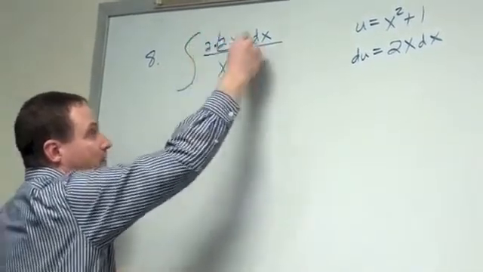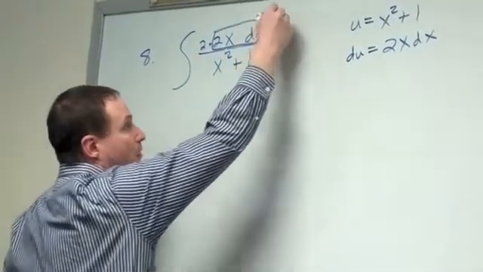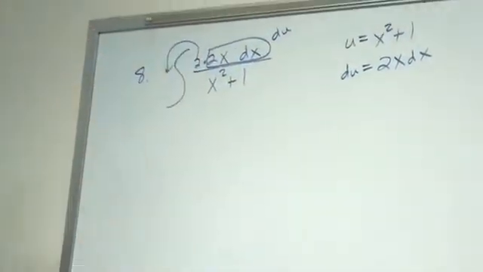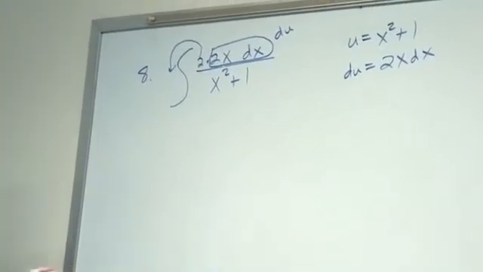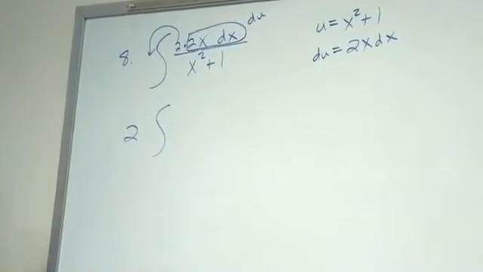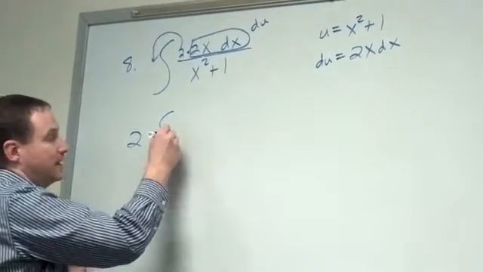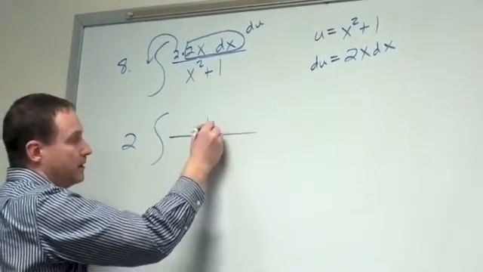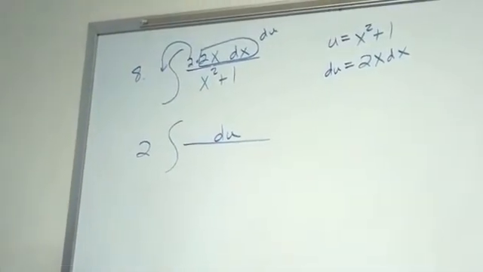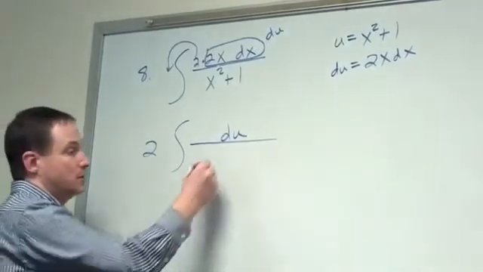I know this 2x dx is all going to become du. I'm going to factor this other 2 out in front. So I'll have 2 times the integral. The numerator 2x dx, all of that becomes du. The denominator, x squared plus 1, just becomes u.